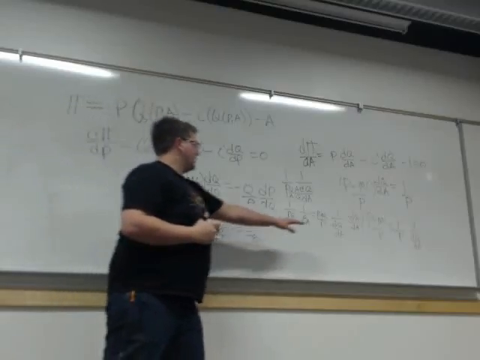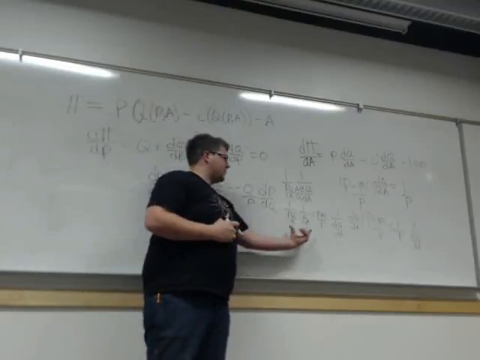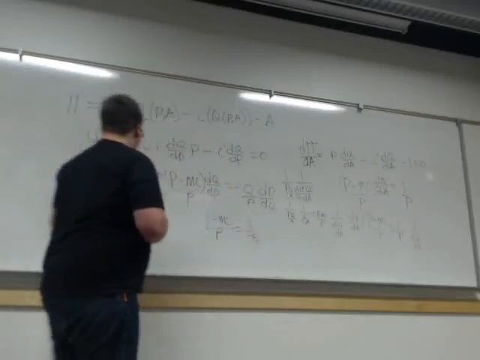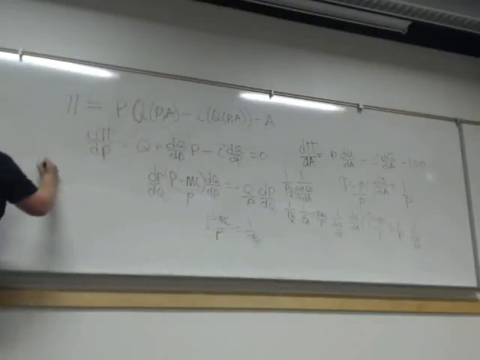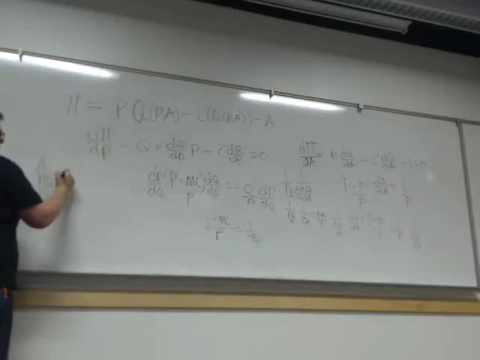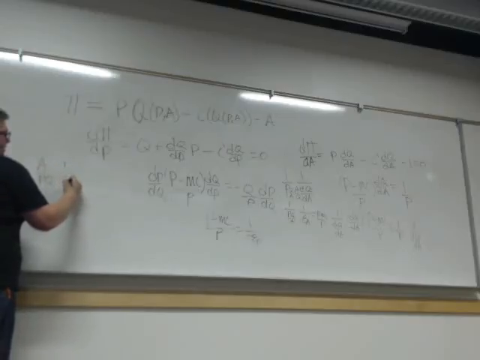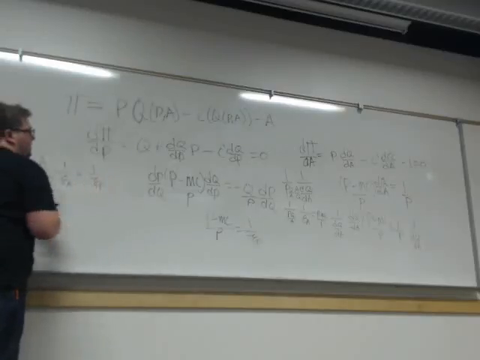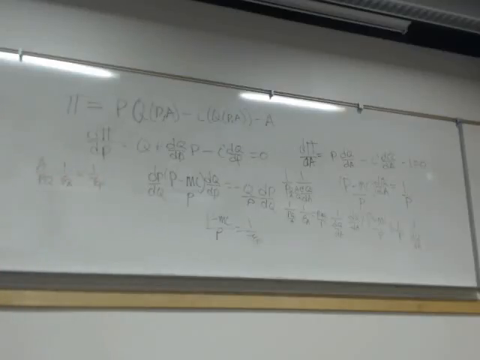Since these two things are equal, we're going to set these parts equal: a over p times q times 1 over the advertising elasticity equal to the inverse price elasticity. Not 1 over the inverse price elasticity.